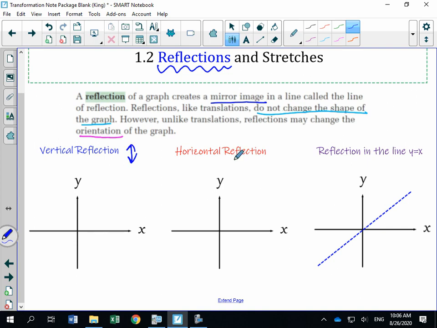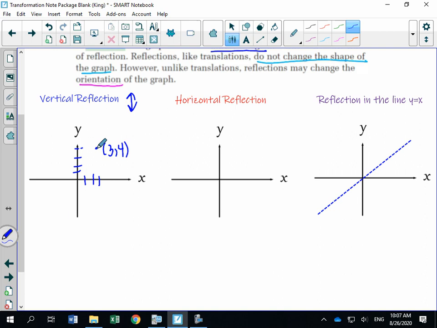So let's say I gave you the point (3, 4). 1, 2, 3, 1, 2, 3, 4. If I gave you this point (3, 4) and said, have this undergo a vertical reflection, basically what you're doing is taking this point and reflecting it down.